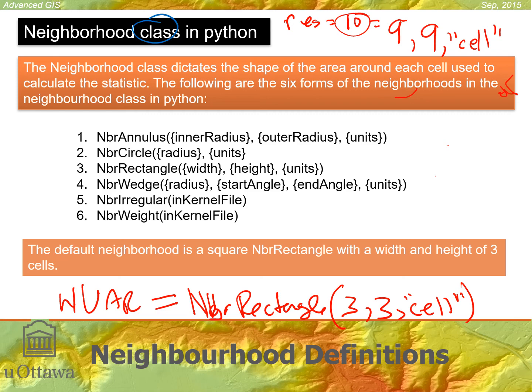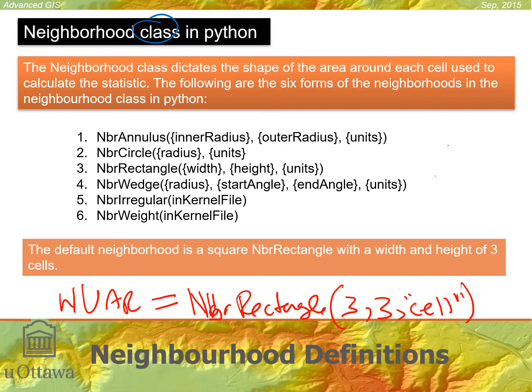Of course, the other option there is to use a circle, but again, that will always leave some cells not visited within a neighborhood. So you need to specify usually an odd number of cells for width and height, like 3 by 3, 7 by 7, 9 by 9. 3 by 3 and 9 by 9 are common.